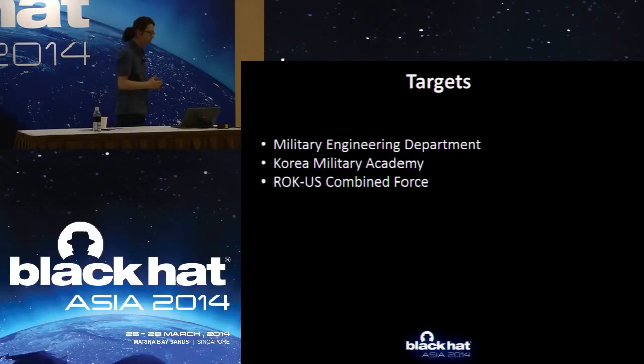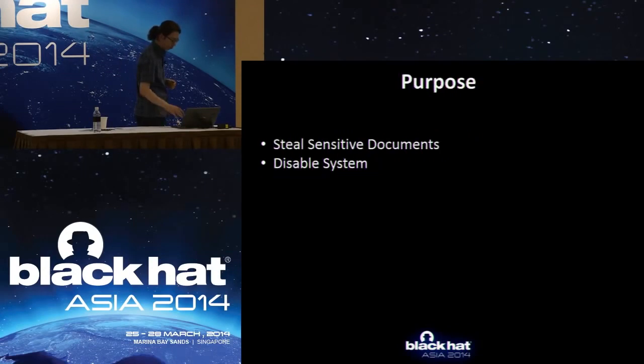So when the target is clear, the next question will be, what is their purpose? Steal sensitive documents, disable your system. How do they steal your sensitive documents? Because Operation Flame or Operation Flame 2.0 has the ability to upload files.